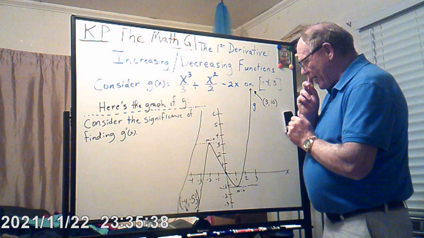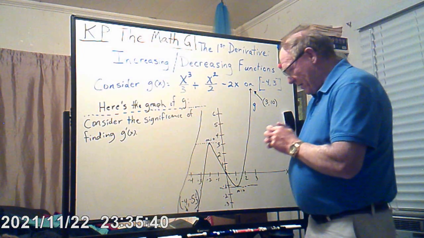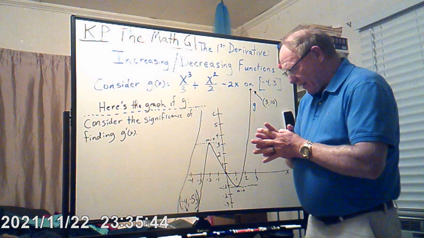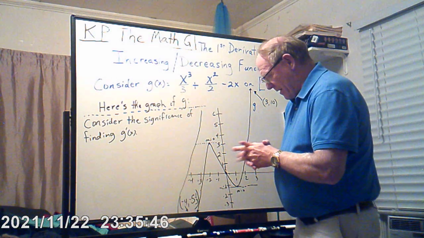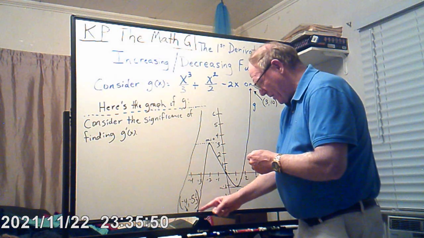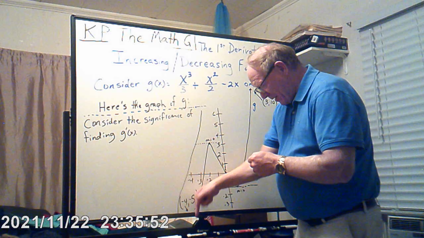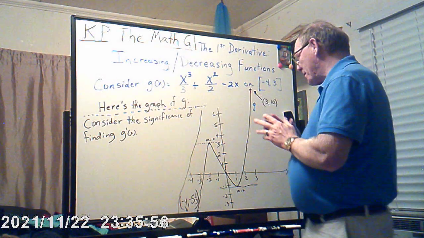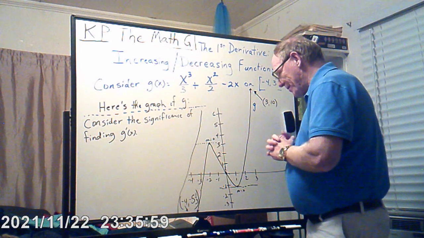As a matter of fact, you see that from negative 4, which on the calculator turns out to be negative 4 comma negative 5 1/3, somewhere down in here. I didn't have enough room to put 3 comma 10 over here on the other side.